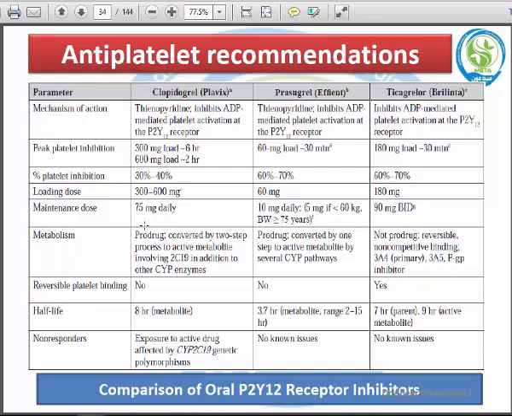حاجة مهمة جدا برضو إنه clopidogrel is a prodrug. That means it will be active بعد ما اتاخد بعدين will be activated.